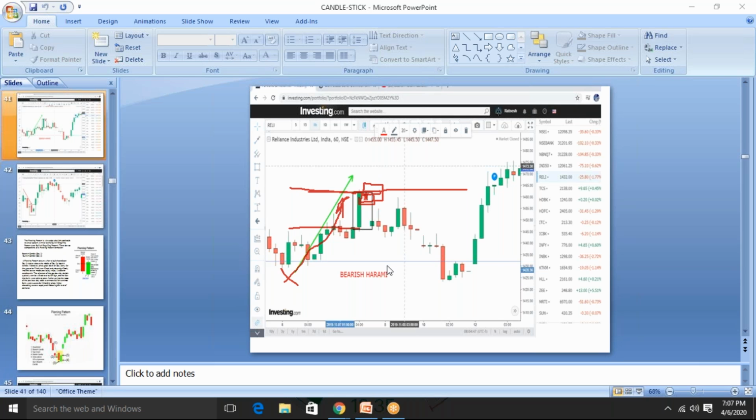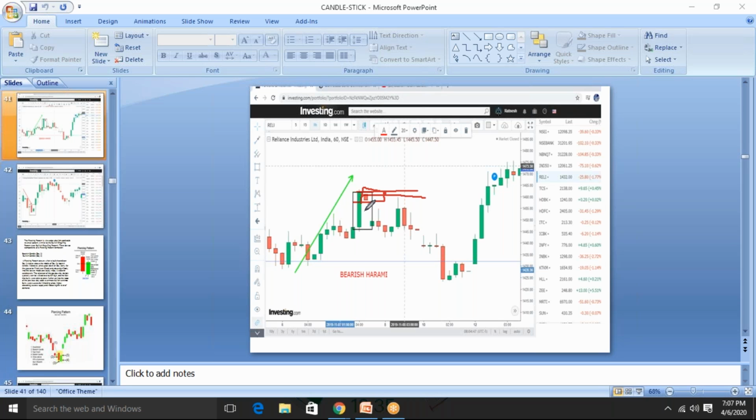Clearly the opening was at this level, and the closing of the previous candle was at this level, so this is a gap down opening, and the body is also very small. So clearly this is a bearish harami. One confirmation candle is pending.